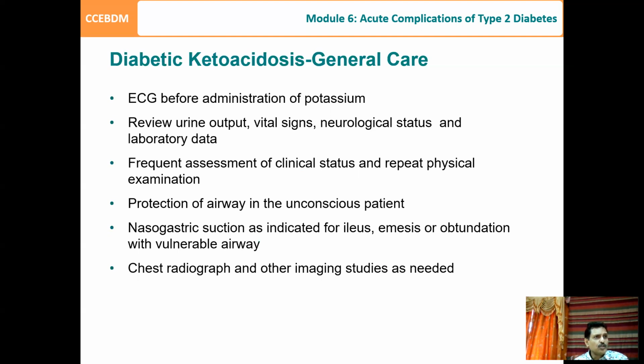We have to look into the urine output, the vital signs, neurological signs, frequent assessment of clinical status, protection of the airway in some unconscious patients, nasogastric suction in some patients, and chest radiograph is very important, because often infection is a precipitating factor for the development of diabetic ketoacidosis, and pneumonia or respiratory tract infection is a very common offender, especially in elderly subjects suffering from type 2 diabetes mellitus.